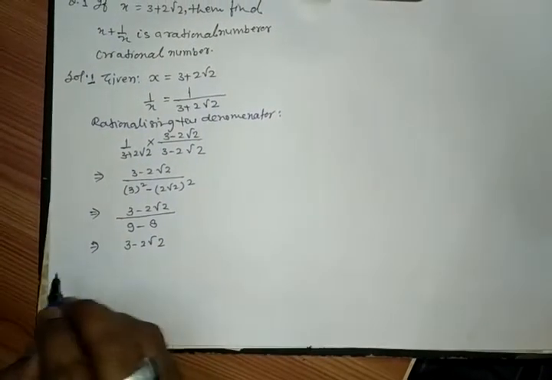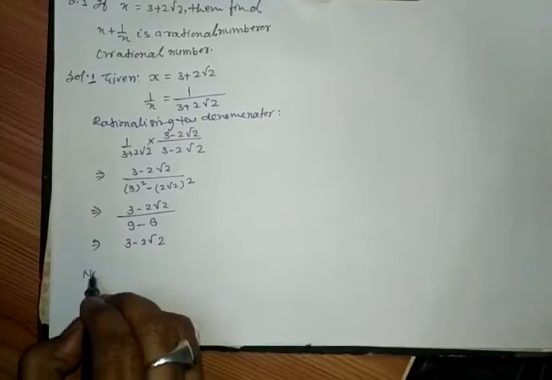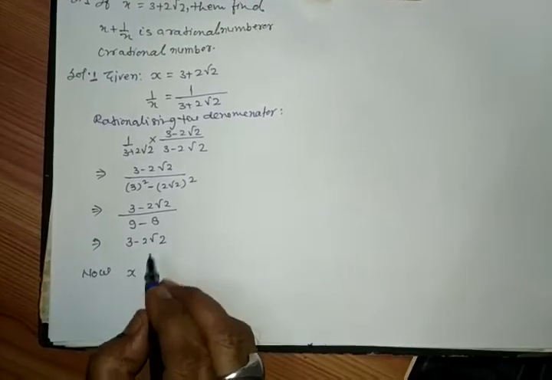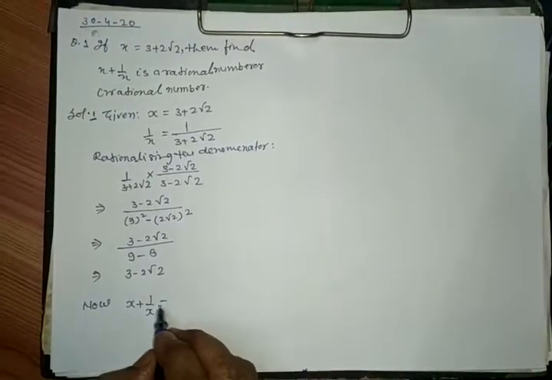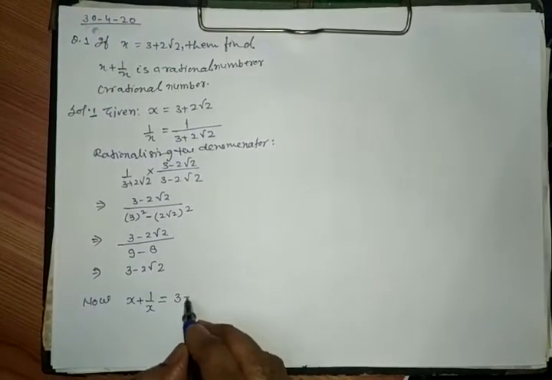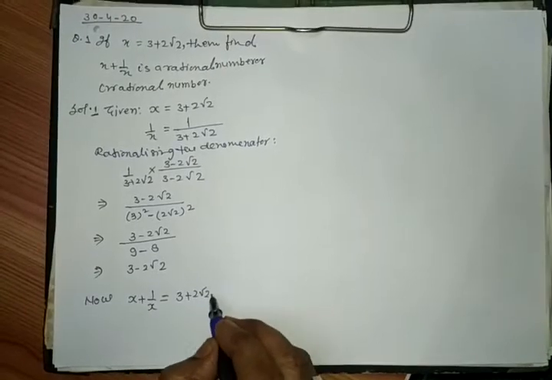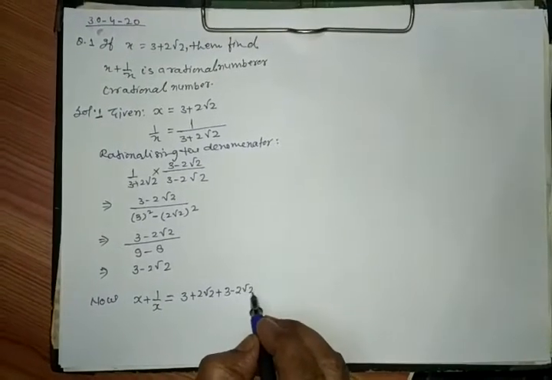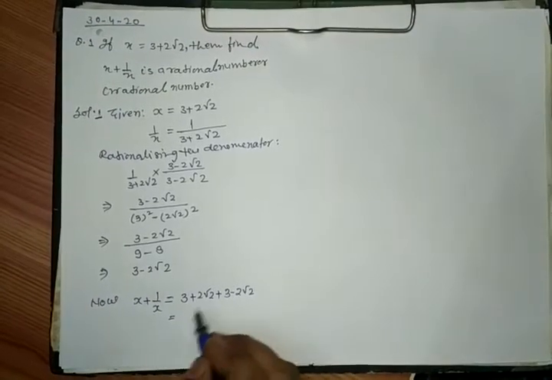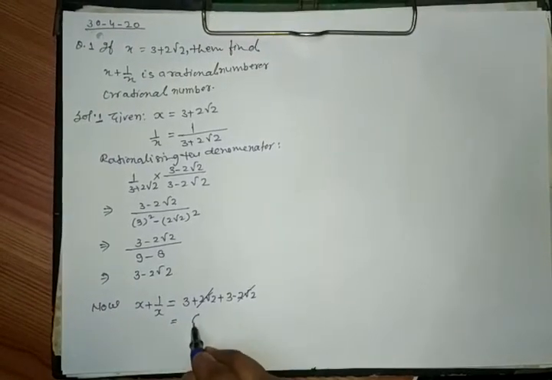Now x plus 1 upon x equals 3 plus 2 root 2 plus 3 minus 2 root 2 equals 6.